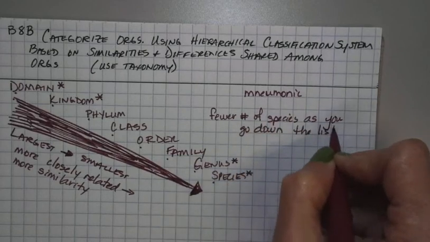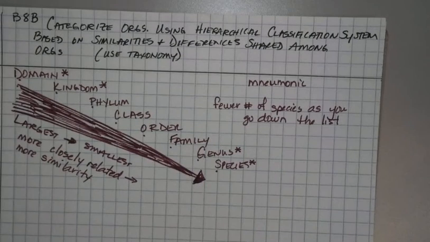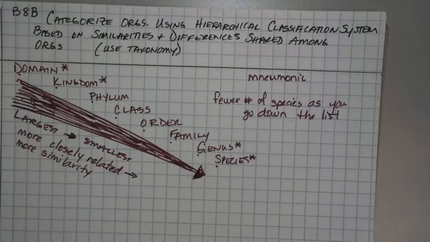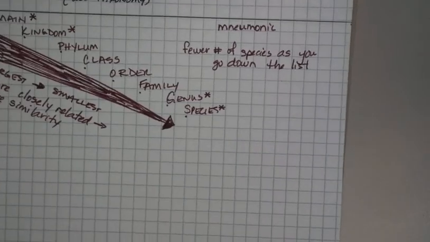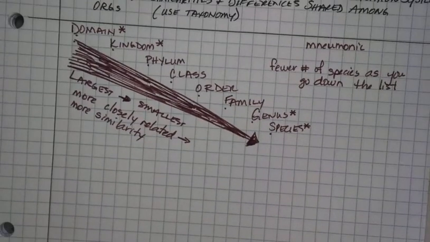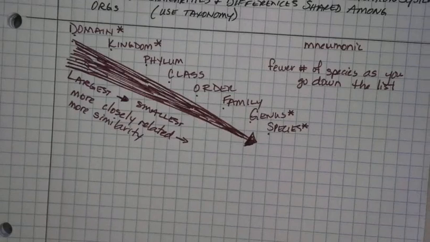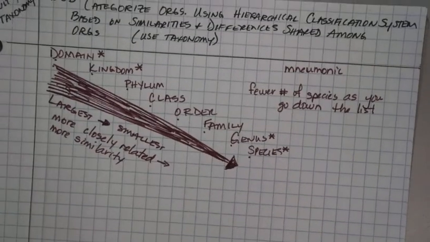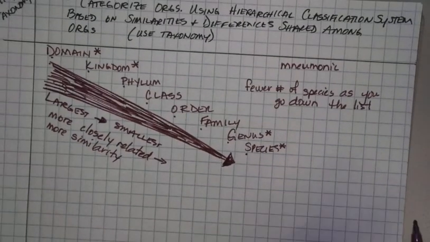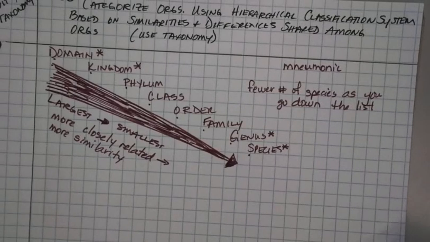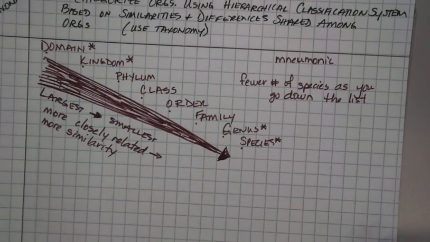So, in order to do all this stuff, what we do is we use something called a dichotomous key to figure all this stuff out. So how do we categorize organisms? How do you pick up an insect or a frog or some kind of mammal or even a leaf from a tree, and how do you go about figuring out, well, what is this organism? What is the genus and species? What's the scientific name of this thing? And what you do is you use this thing called a dichotomous key.